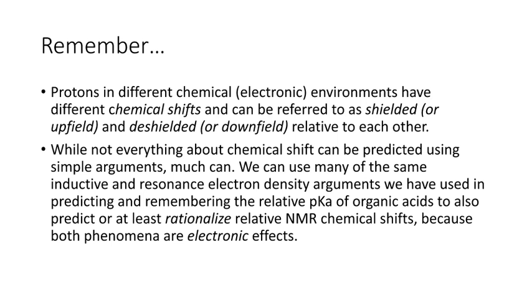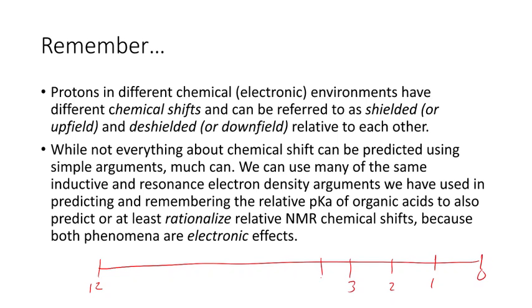And you know, I can't say enough for just having some rough sense, so you don't have to look at tables all the time, of where these peaks are going to be on the spectrum. If you go from 0 to something like 12, you just cut this into regions 1, 2, 3, 4, 5, 6, 7, 8, 9, 10, 11.